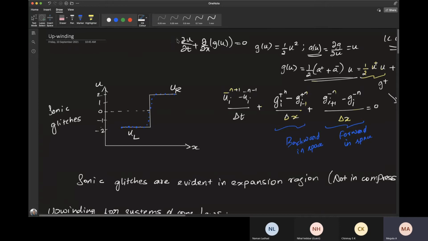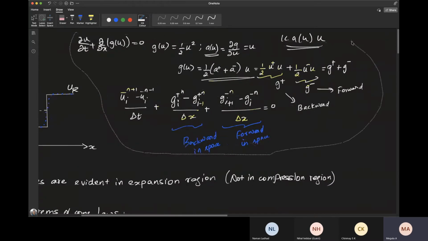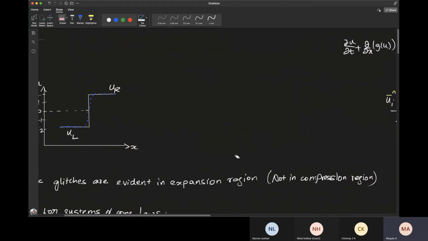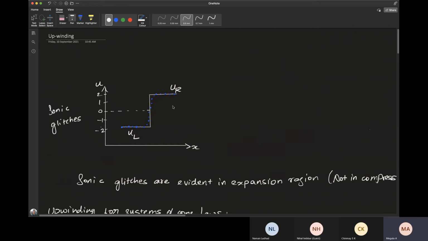We saw previously while doing PDEs that for the inviscid Burgers equation, when u_L is less than u_R, we get an expansion fan, and when u_L is greater than u_R, we get a shock.